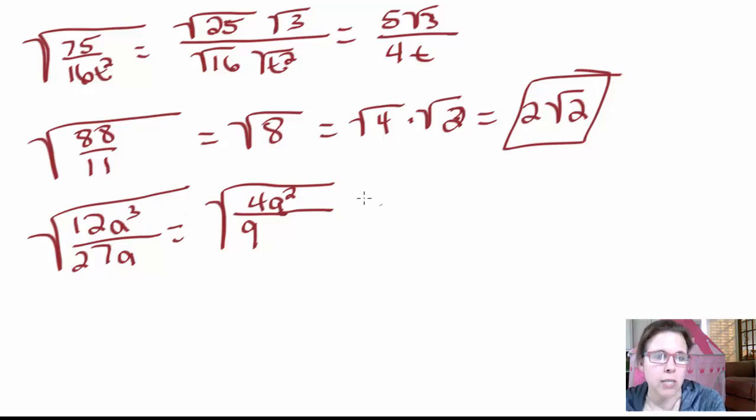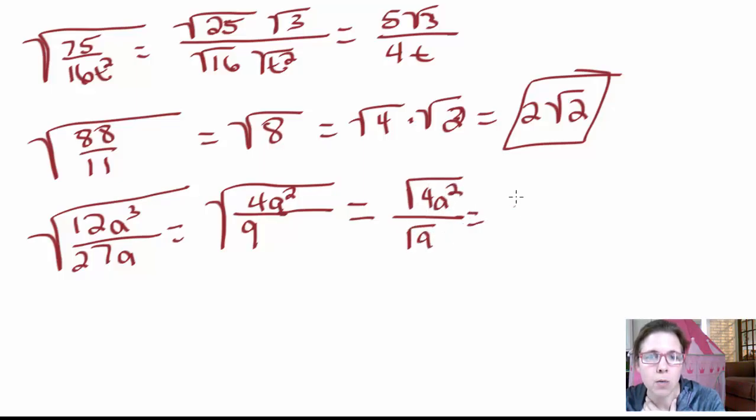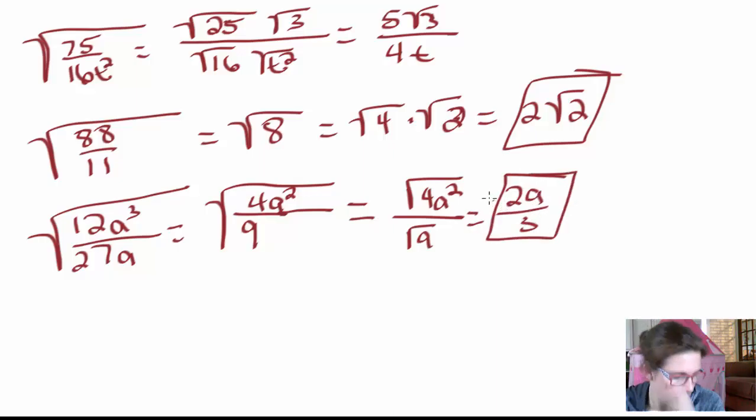So you can reduce that. That's from chapters long ago. So then it becomes the square root of 4a squared over the square root of 9, which is 2a over 3. So you just have to keep working it step by step.